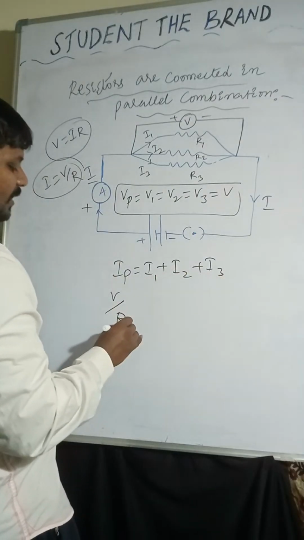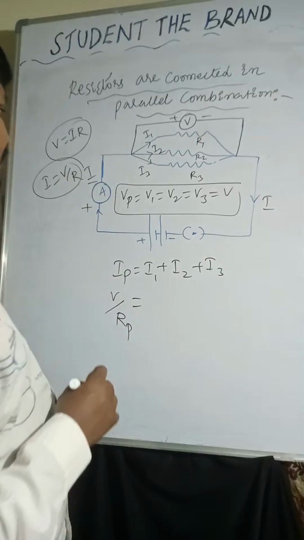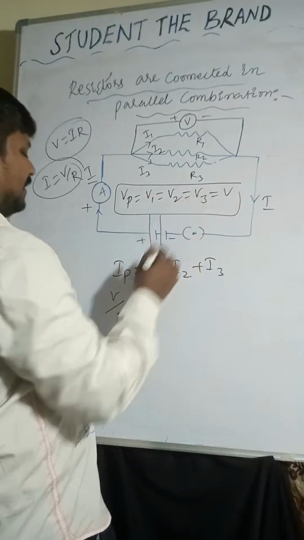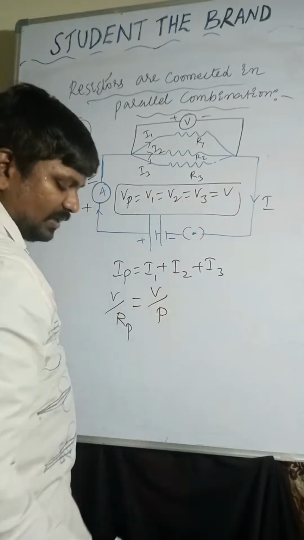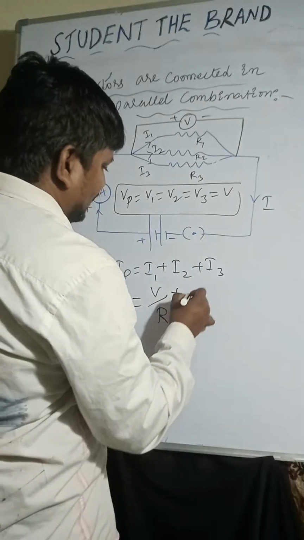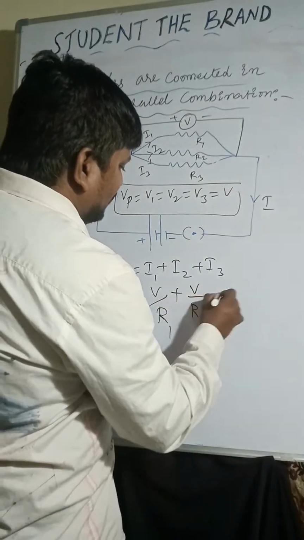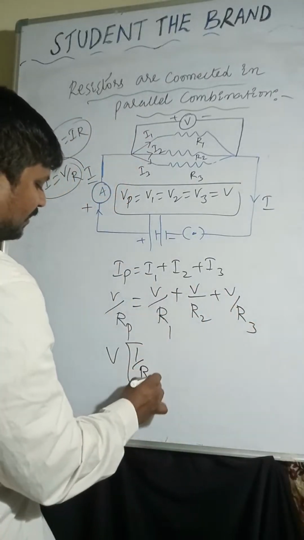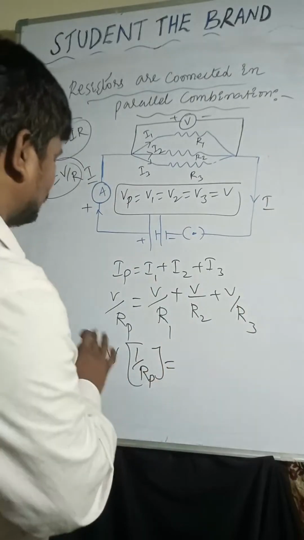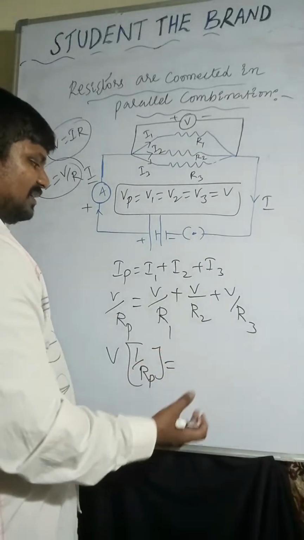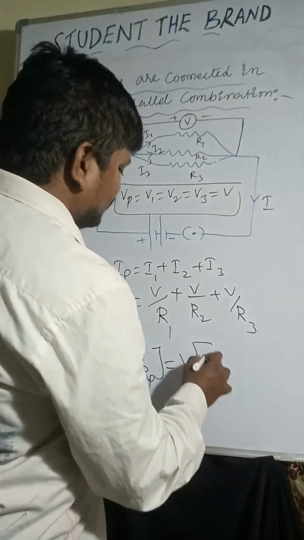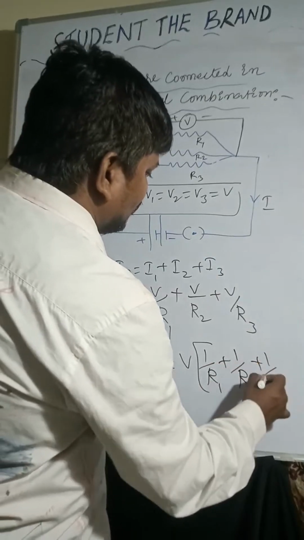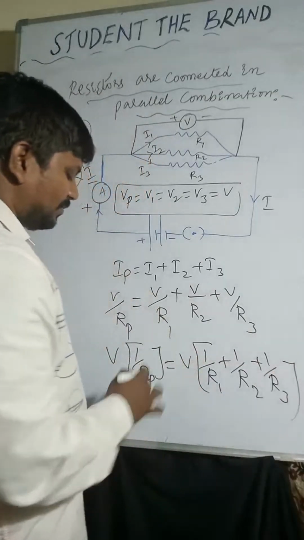Now I1 plus I2 plus I3 is V by Rp. Sir, why are you considering V value? As I said, V1 equal to V2 equal to V3 equal to V, right? So that's why I'm taking V by R1 plus V by R2 plus V by R3. Shall I take V common? Then V cancels on both sides.